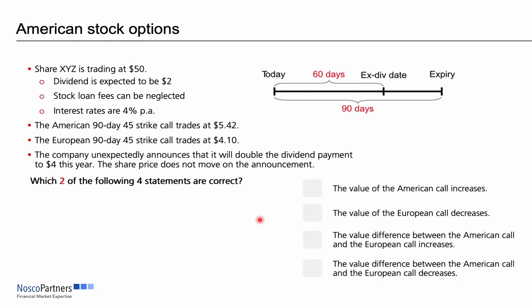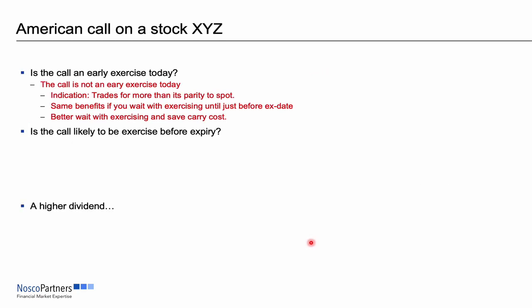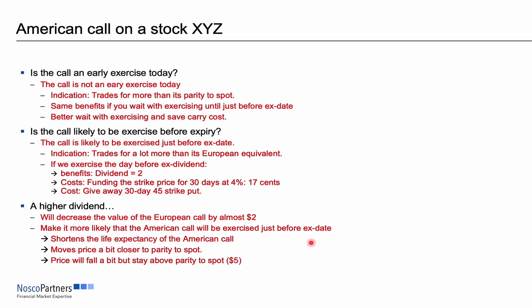On an absolute level, the American call doesn't increase, but on a relative level, relative to the European, it increases a lot, because now you can harvest the dividend of 4, and this is quite a bit. 4 is a lot of money, while if you have the European call, you cannot harvest that. So let me say it again. Number 2 and number 3 are correct. And here are the answers why.